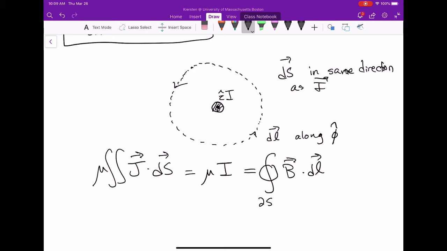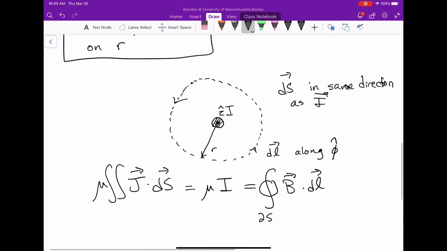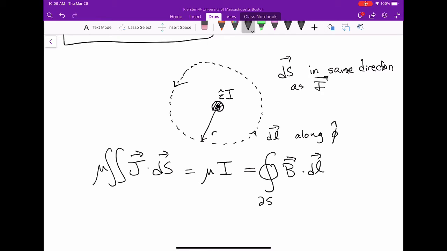Since B only depends on r, but r is constant around the contour, and it only has a phi component, what we end up with is the integral from 0 to 2 pi of the magnitude of B phi hat dot phi hat r d phi.